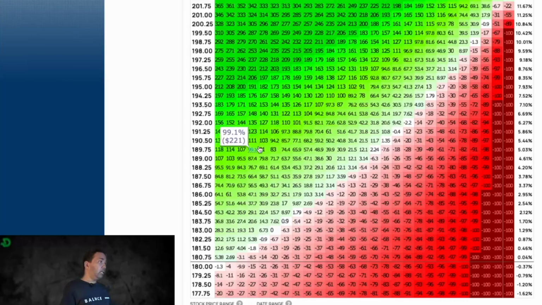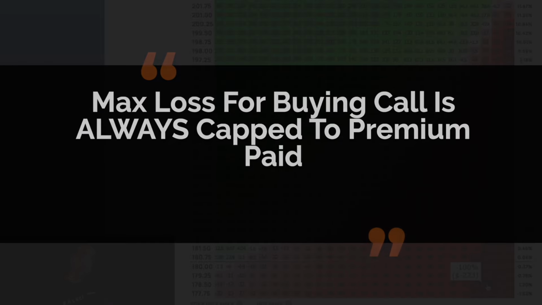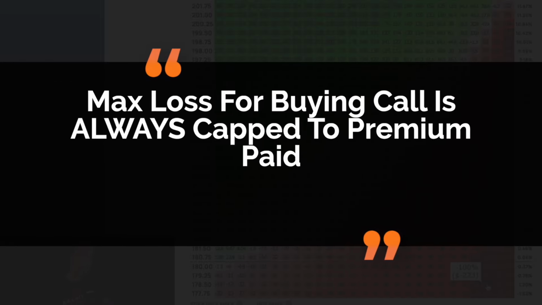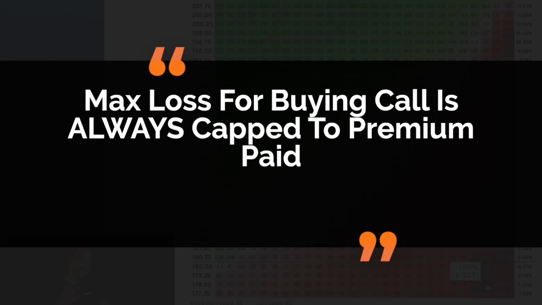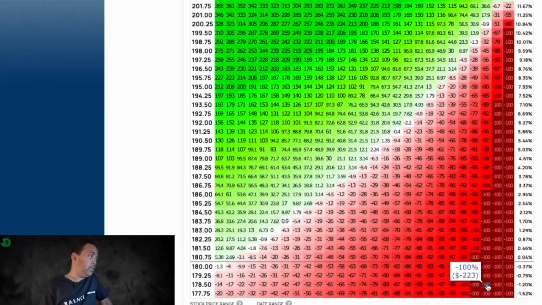Okay, so that was the call side of it. And your max loss in buying a call, as you know, is always capped. Whatever money you paid for the contract, that's the max money that you can lose. So after a point, this is going to be the max.